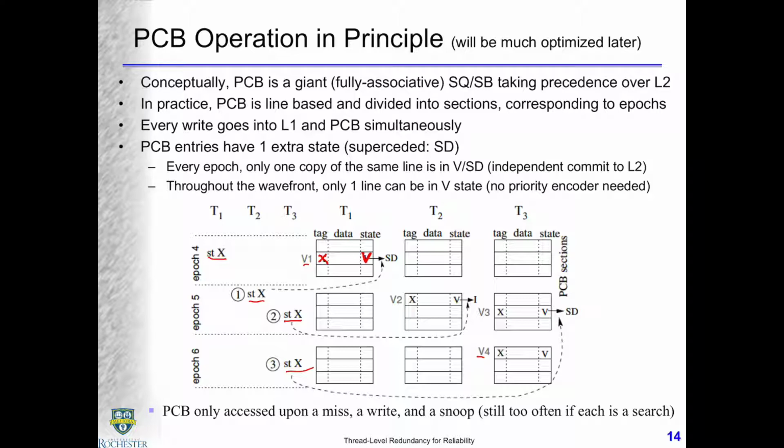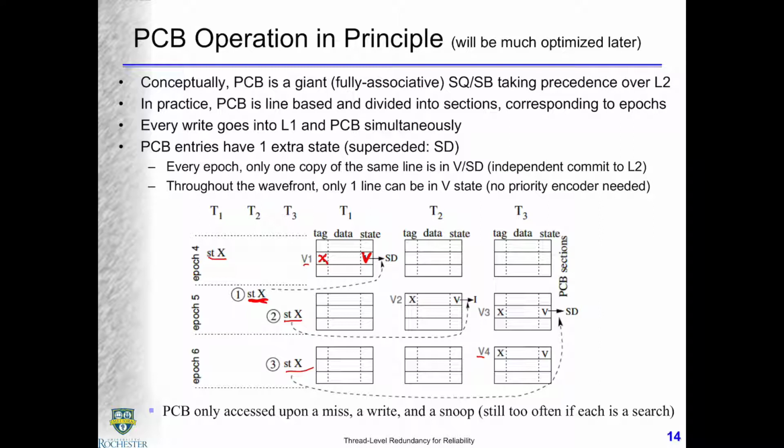And then in the next epoch, I want to do a store. Now imagine, just think about this. PCB is essentially part of my cache. It's just a bigger cache, right? My L1 cache can evict some lines, but I have some rules about certain lines. I cannot evict them. I cannot write them back to the L2 cache.